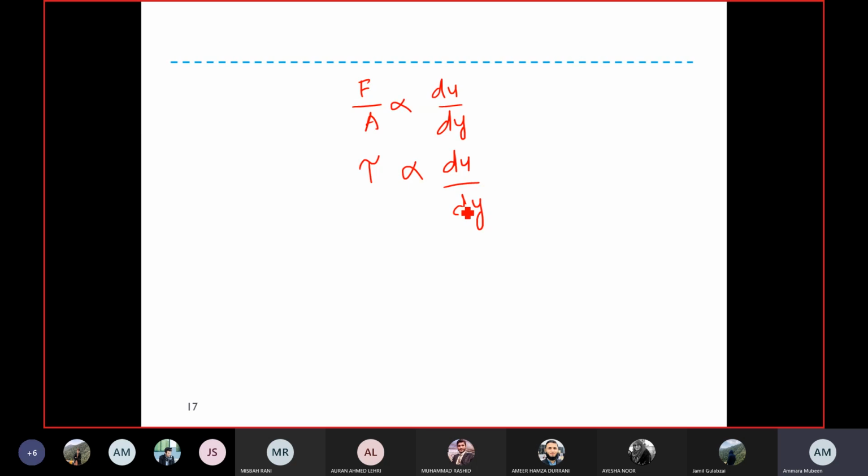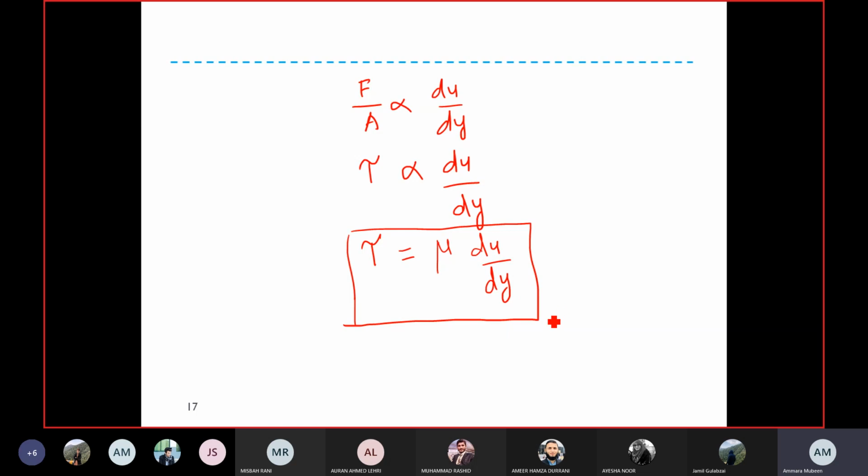Then again, if you want to change the proportionality sign to an equality sign, you have to introduce a constant, and that constant here is the coefficient of viscosity. So this is actually Newton's law of viscosity, and then he applied the same law to two different cases.